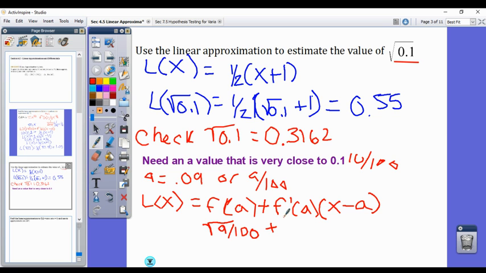Okay, my derivative of that is going to be this. And my x value is 1/10. And my a value is 9 over 100. Okay.